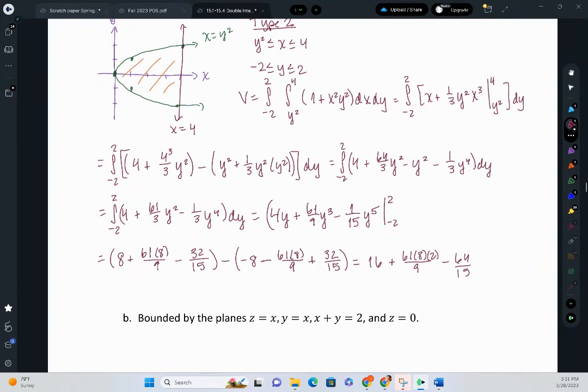That 61 times 8 times 2 is just 976 divided by 9 plus 16 minus 64 divided by 15. And that gives me a really big number. And that's going to give me approximately 5,408 over 45.